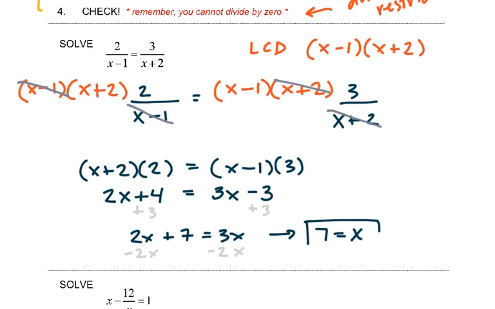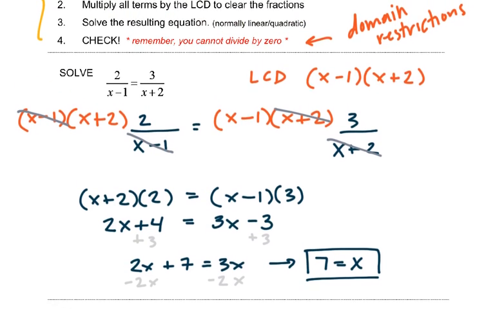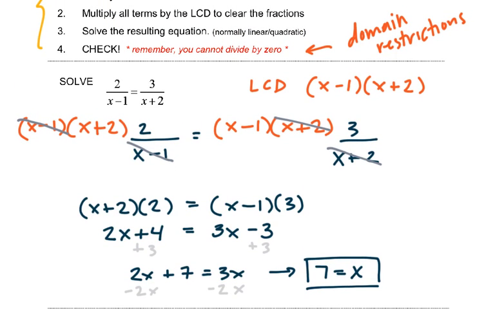and that's my answer. But as I said, remember, you always want to check, and the main thing we want to check for is that when I take this 7 and go back to my original problem, it does not create 0 in the denominator. All right? Remember, you can't divide by 0.